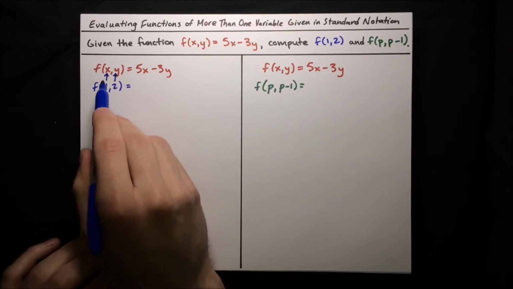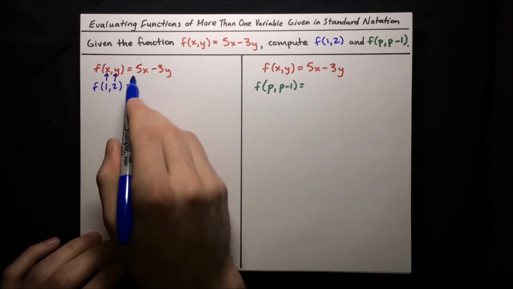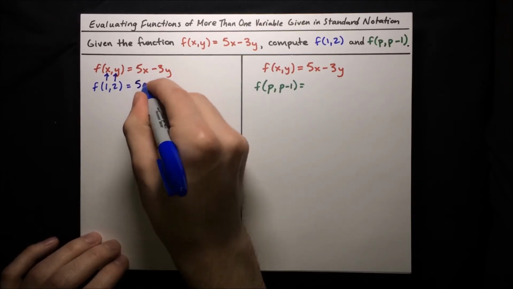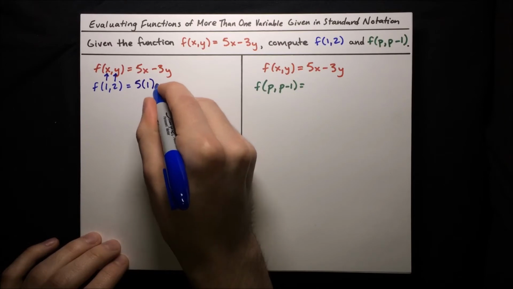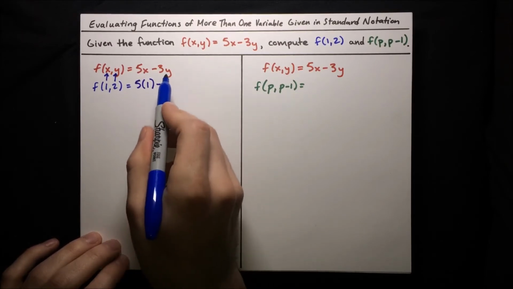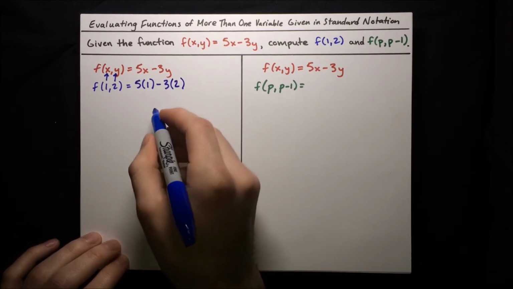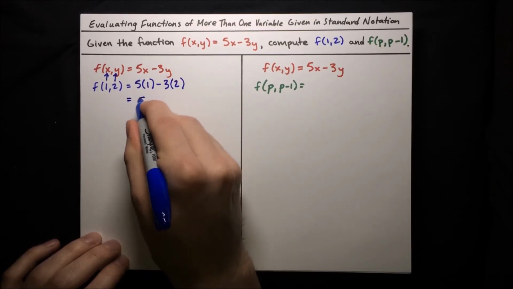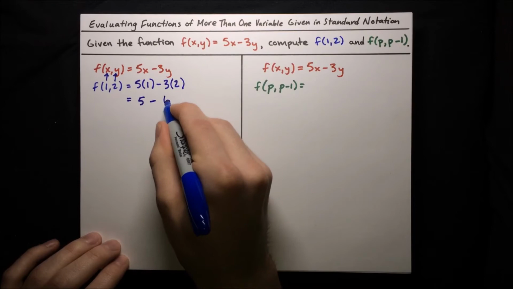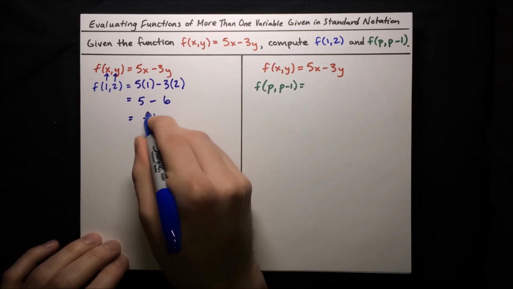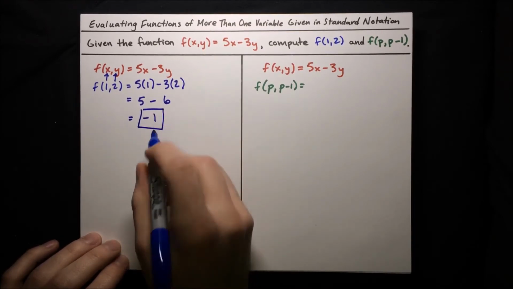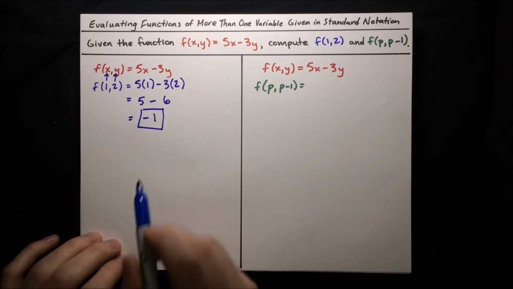So 1 goes where x was in the original function expression. So we've got 5 times 1, and then minus 3 times y gets replaced with 2. So minus 3 times 2, and then we just compute that. So that's equal to 5 minus 6, which comes out to negative 1. So there we go. That is the value of f of 1, 2.